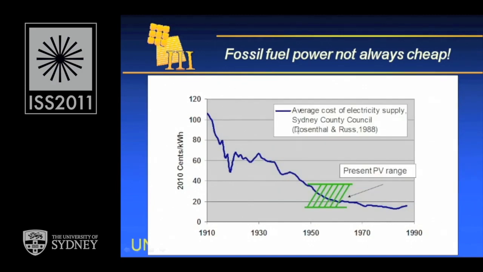Where we are with photovoltaics now, electricity is somewhere in the 15 to 40 cents per unit range, depending on whether you've got big applications or small rooftop ones, etc. So we're starting to get quite a long way along the learning curve that the fossil fuel technologies went through.